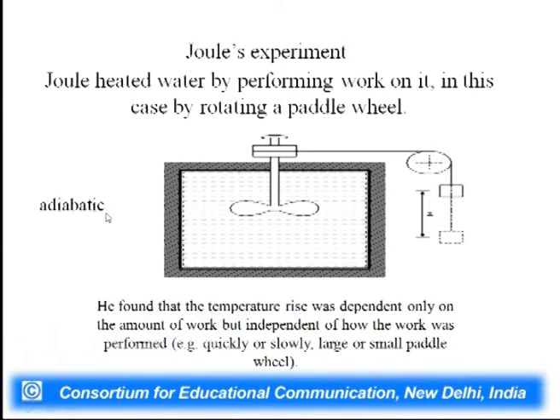Now, how do heat and work change the state of the system? That was first done by Joule. He did this experiment where he took an adiabatic system which has a paddle wheel, and this wheel moves if you put a weight here.